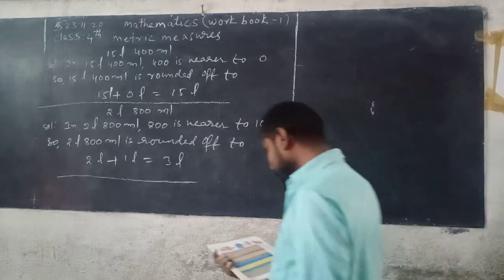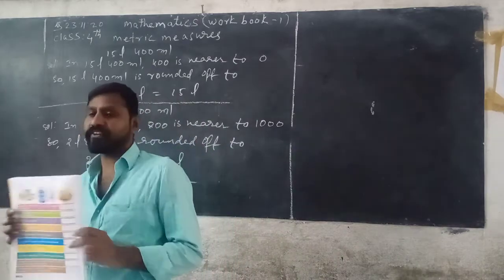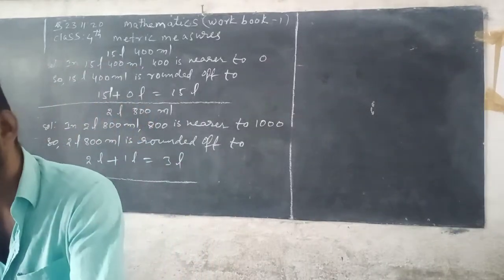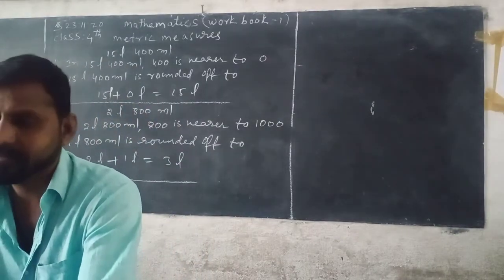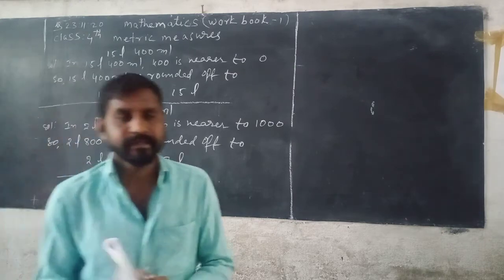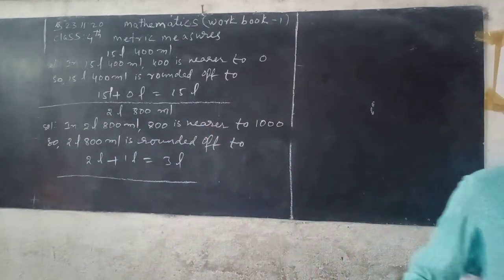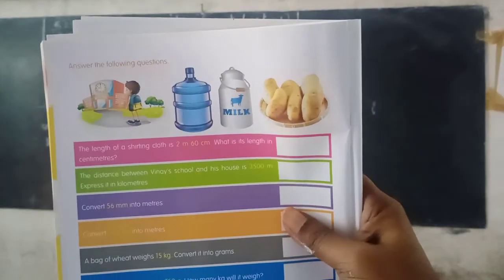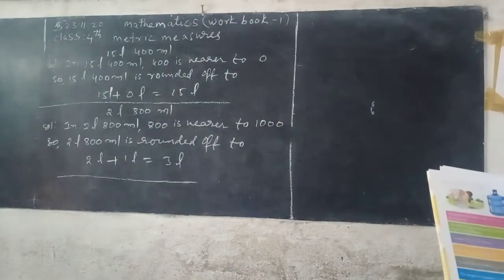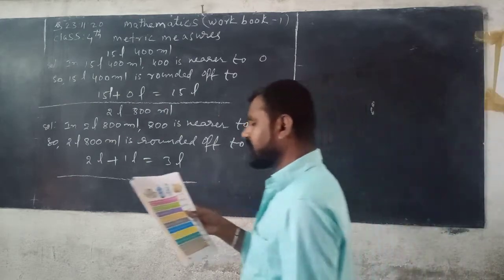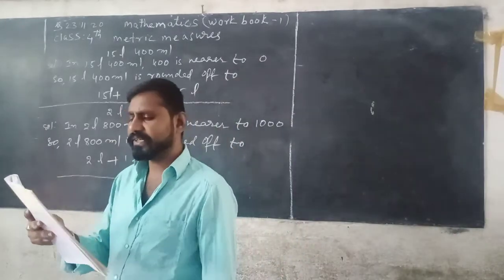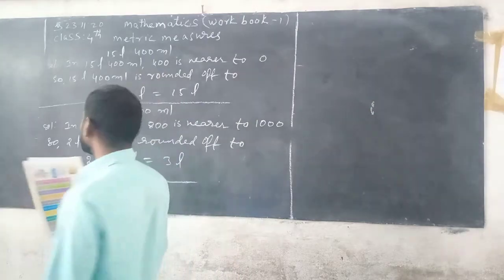Now next, page number 34, answer the following questions. So first one is, the length of a shirting cloth is 2 meter 60 centimeter.